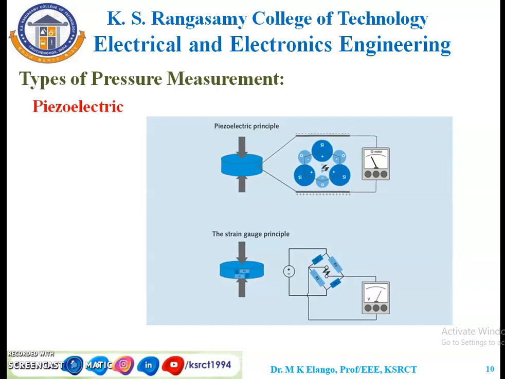That is called the piezoelectric effect, and by the change in shape of the element, voltage is developed. With the help of a voltmeter we can easily measure how much voltage is generated. It is directly proportional to how much pressure we are applying. This is the operating principle of piezoelectric pressure measurement, and it is the difference between piezoelectric pressure measurement and strain gauge pressure measurement.